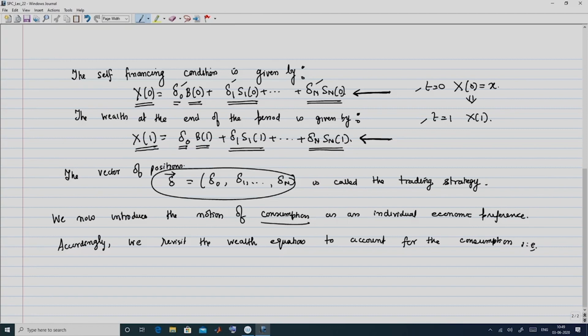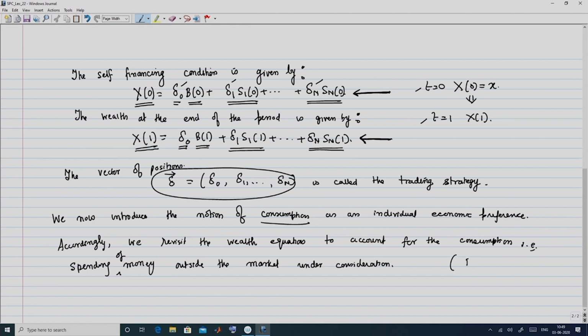to account for or incorporate the consumption. That is, consumption means spending money outside the market under consideration. So, remember what is the market under consideration?